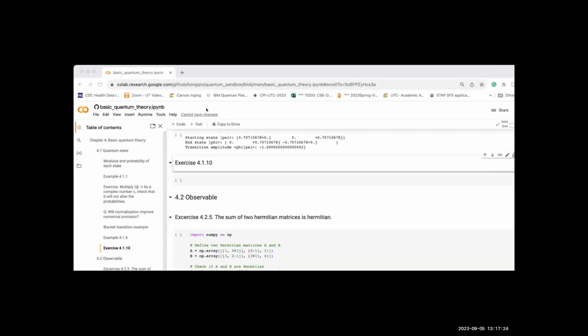The eigenvalues of omega are the only possible observables.